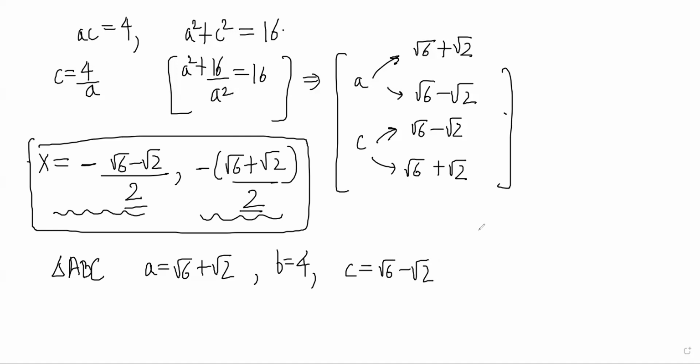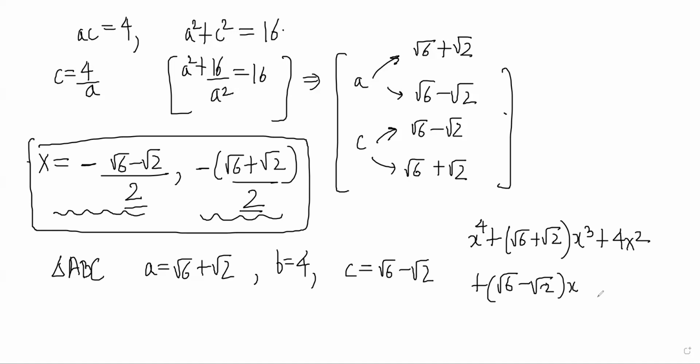This basically gives us the polynomial equation x power 4 plus root 6 plus root 2 x cubed plus 4x squared plus root 6 minus root 2 x plus 1 is equal to 0. This is the polynomial that you get when you put the values of a and b, right?